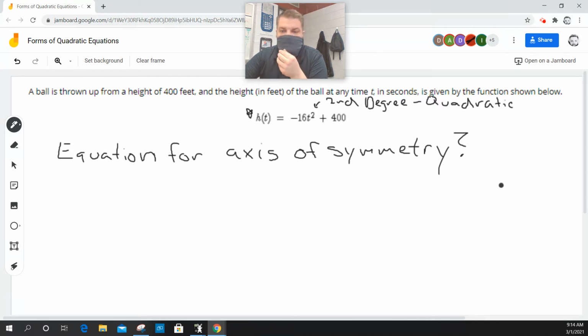And what do we know about quadratics? What does that graph look like? It looks like a U, but what's the fancy math word? It's a parabola, right? It's a U shape.